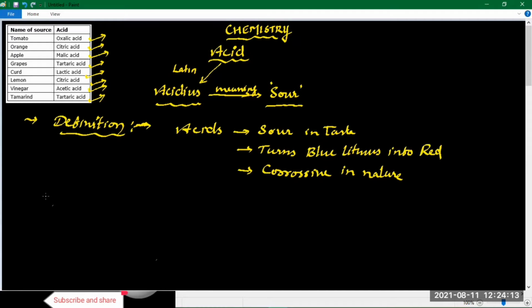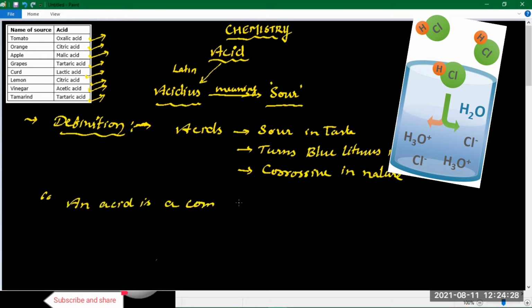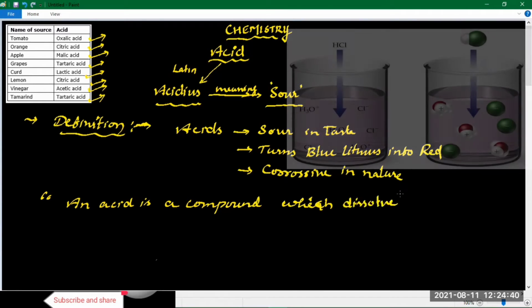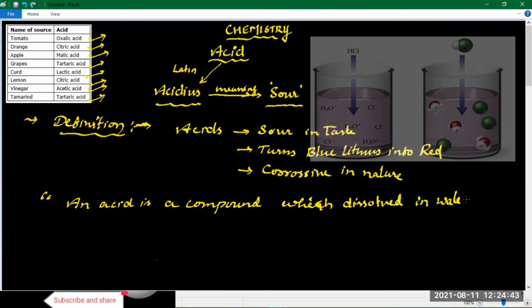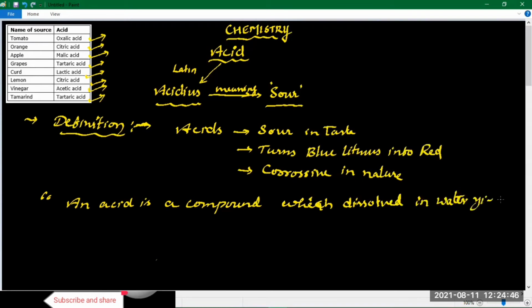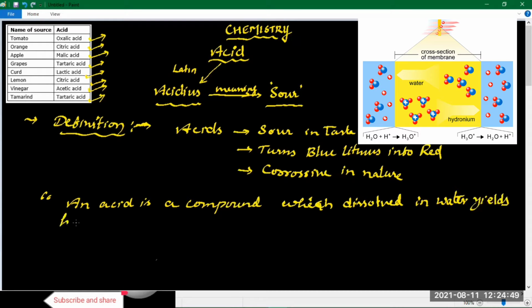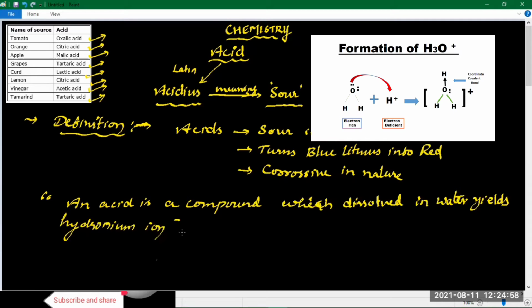As a chemistry student, how can you define the acid? An acid is a compound which, when dissolved in water, yields a positively charged hydronium ion.